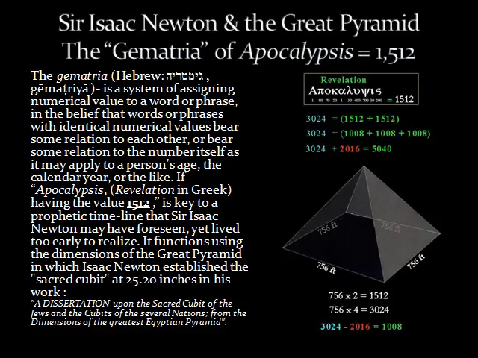If apocalypsis, revelation in the Greek, having the value of 1,512, is key to a prophetic timeline that Sir Isaac Newton may have foreseen, yet lived too early to realize it.